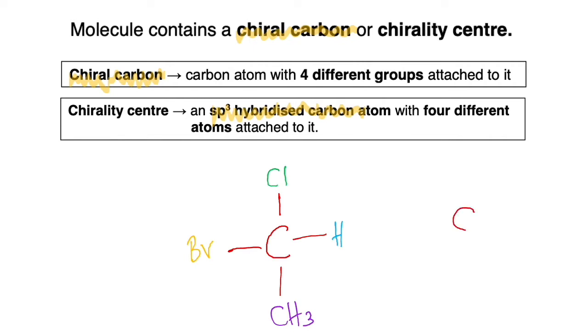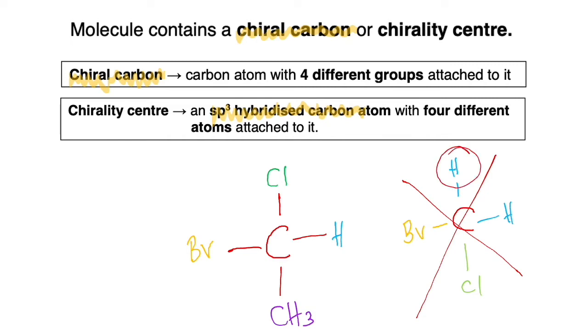Katakan, you ada C, H, so ada H pula sini. Okay, and then the Cl, and then ada Br. Okay, so this is not chiral carbon because it attached to 2 same atom.